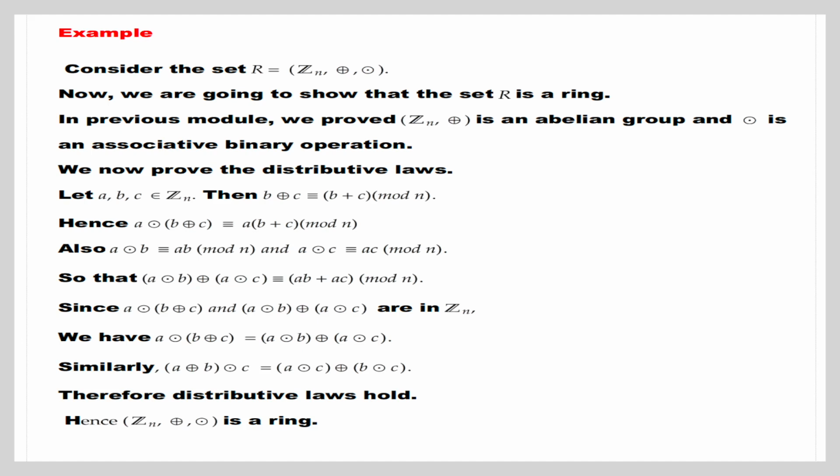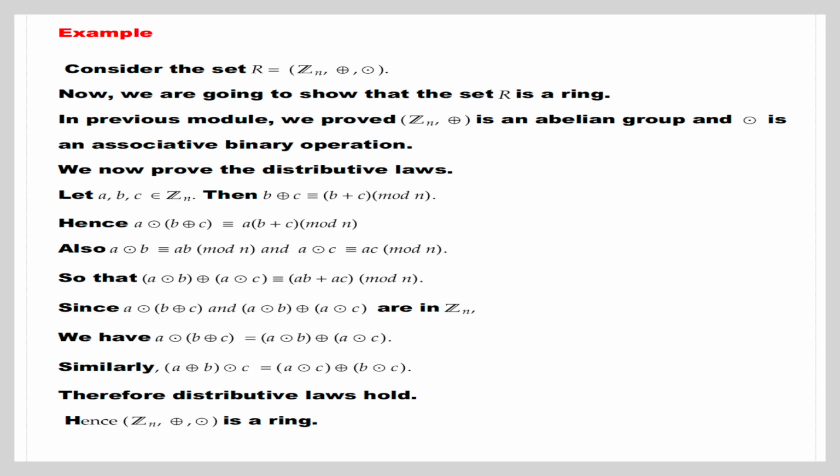Also, a ·ₙ b is congruent to ab mod n and a ·ₙ c is congruent to ac mod n, so that (a ·ₙ b) +ₙ (a ·ₙ c) is congruent to ab plus ac mod n.